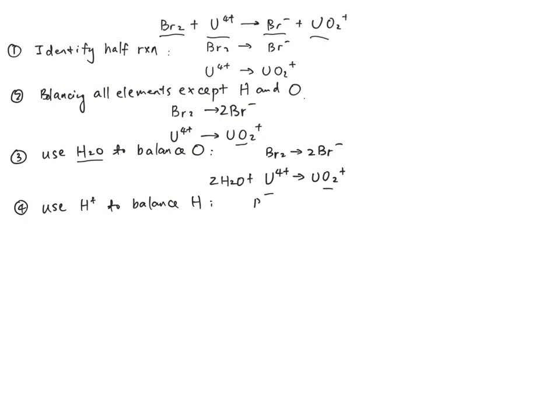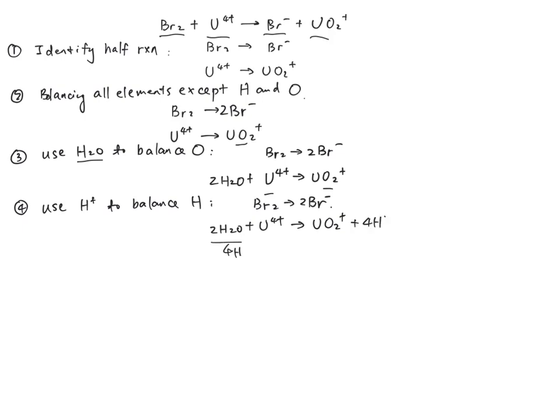So nothing to be done again for the Br2 half reaction. Still Br2 turning into 2 bromide ions. But for this one, since you have 2 water on the left side, that means 4 extra hydrogen on the left side.